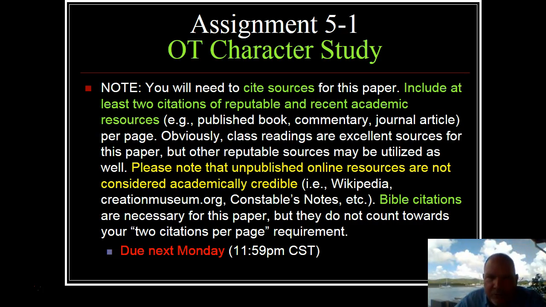Biblical citations are necessary for this paper, but they do not count towards your 2 citations per page requirement. As I've been looking for all semester, this is the same type of thing I'm looking for here. I want outside research, I want engagement with the reading, and I want engagement with biblical citations.